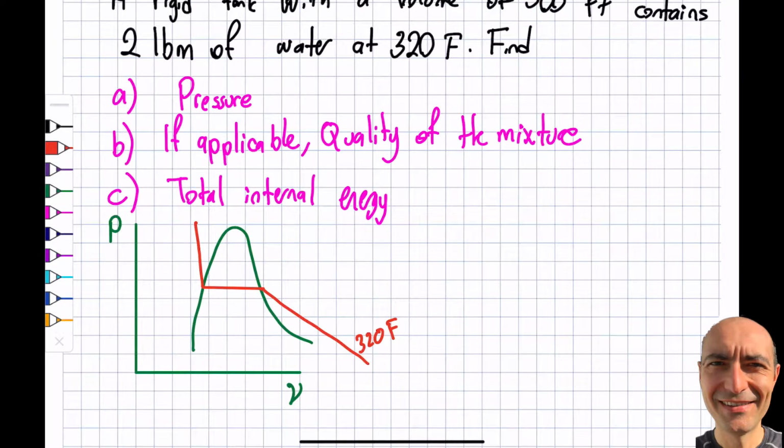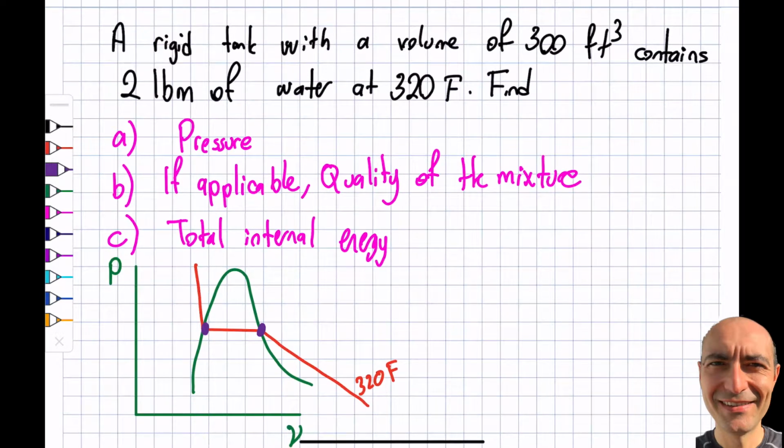Then, as we discussed before, I will try to find my specific volume of these 2 points that I identified. Because in my system, I gave you the volume, which is 300 feet cube, and I gave you the mass as 2 pound mass.